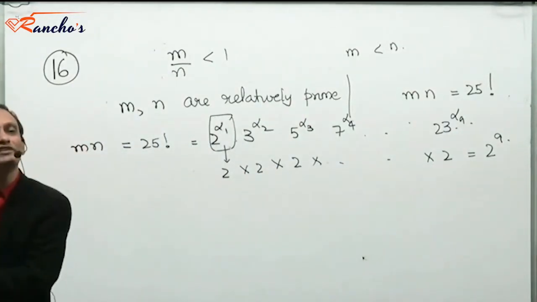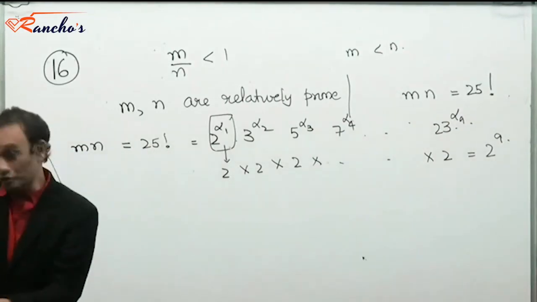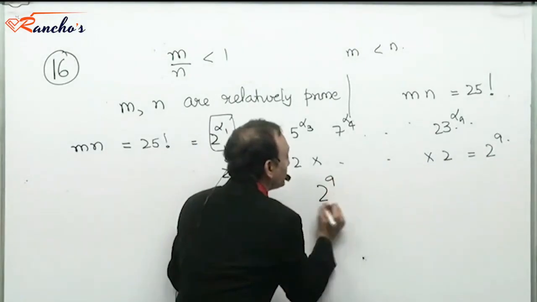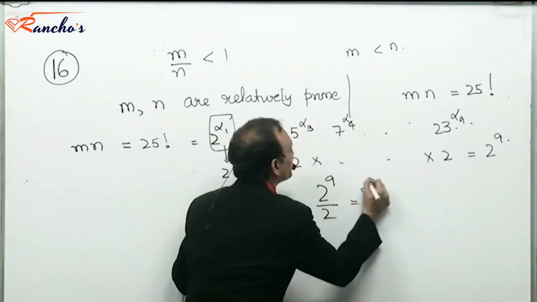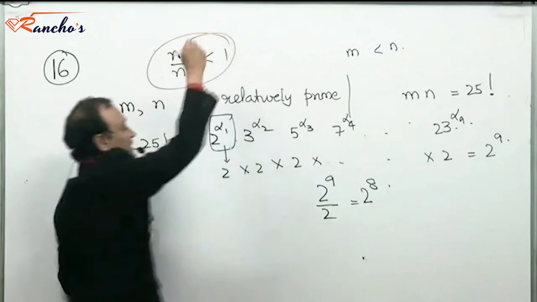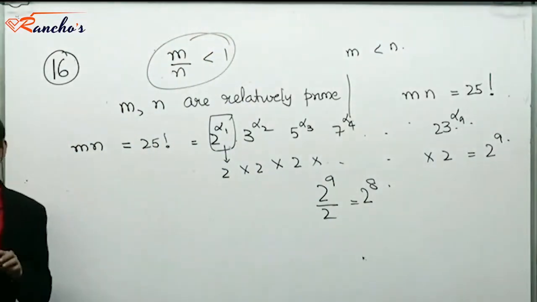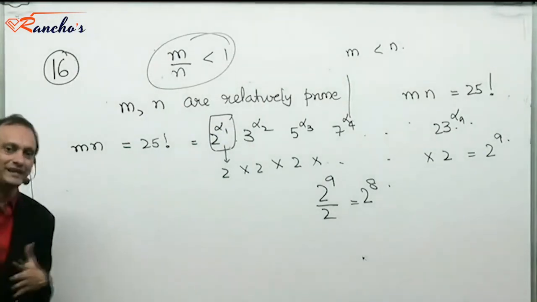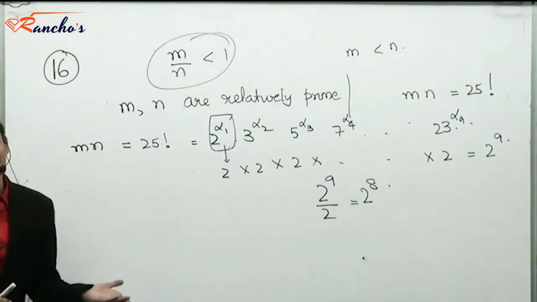In the remaining half of these cases, m is less than n. So what I need is half of this count. So the required count is 2 to power 9 by 2, that makes it 2 to power 8 would be the count in which m is less than n. Yes or no?